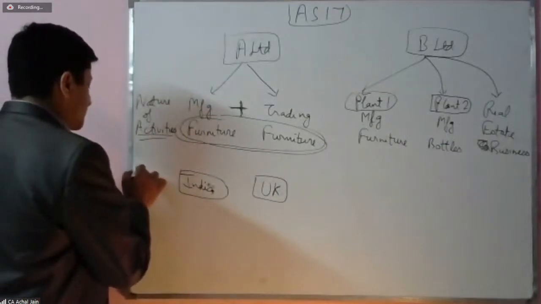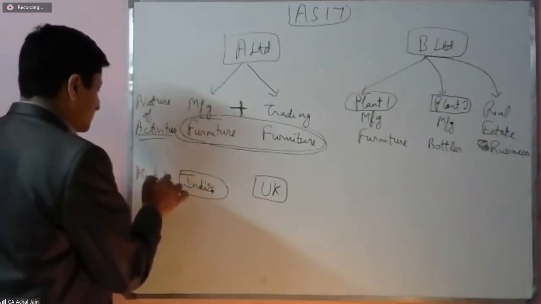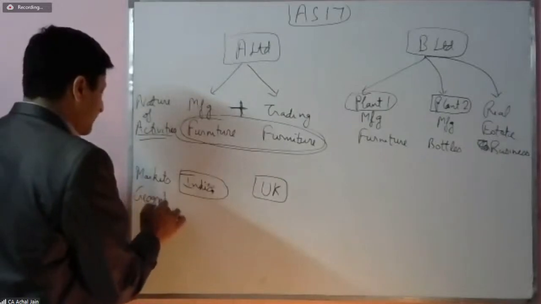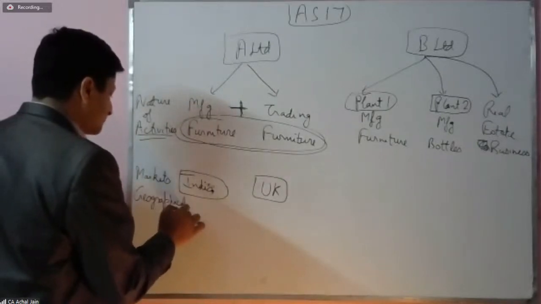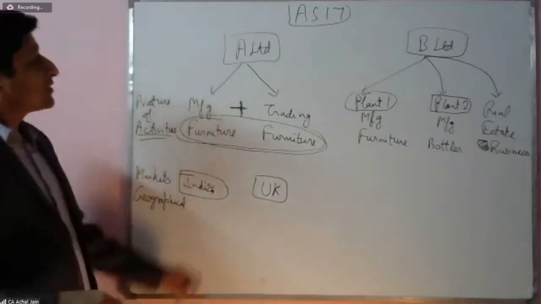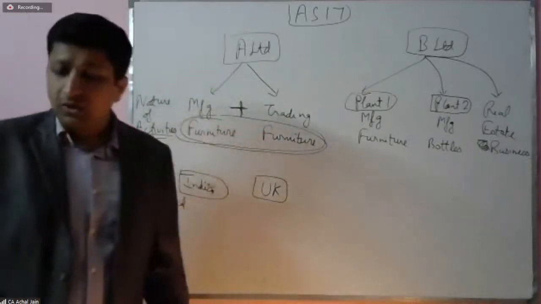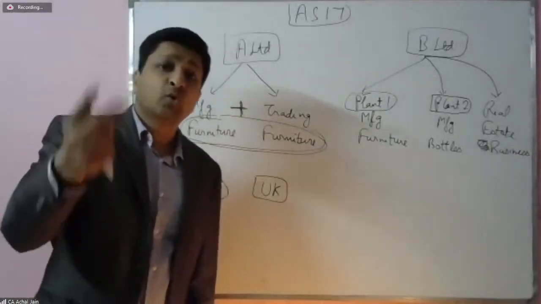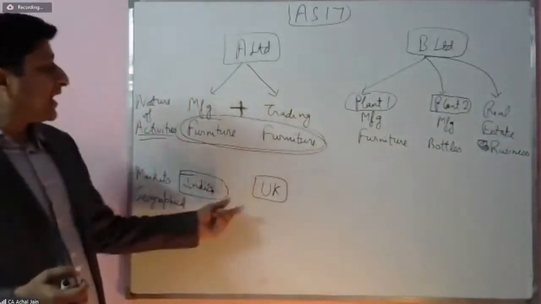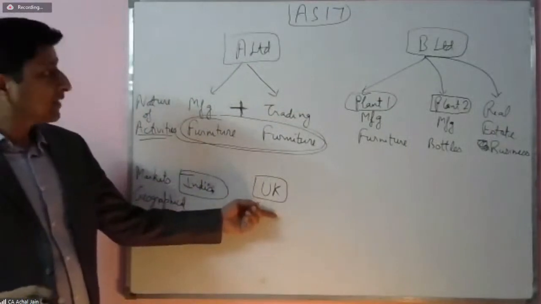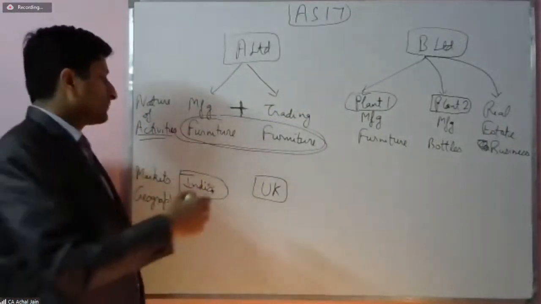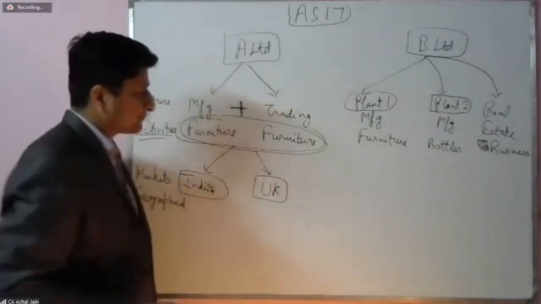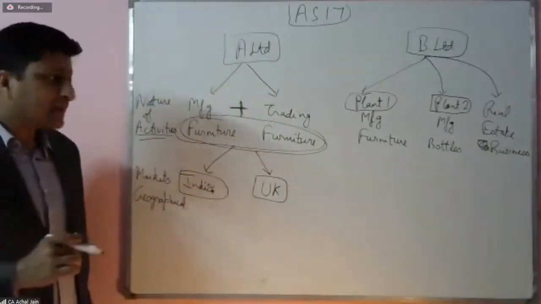So markets, or you can say geographical markets, for this company are not one. It's dealing into 2 territories, India and outside India. Correct? So this furniture is sold in these 2 markets. Okay.